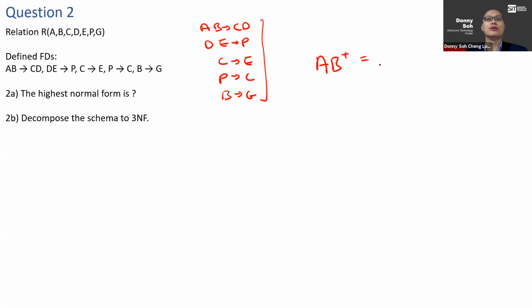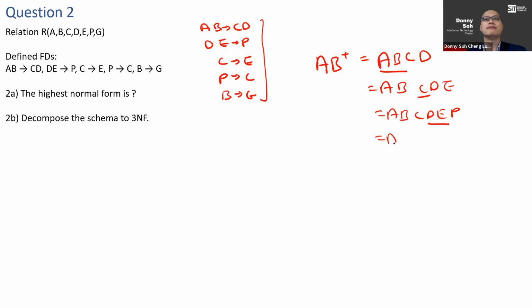I need to find the closure: A, B, C, D because of this; A, B, C, D, E because of this; and D, E, C, D, E, P because of this; and last one will be B, C, D, E, P, G.